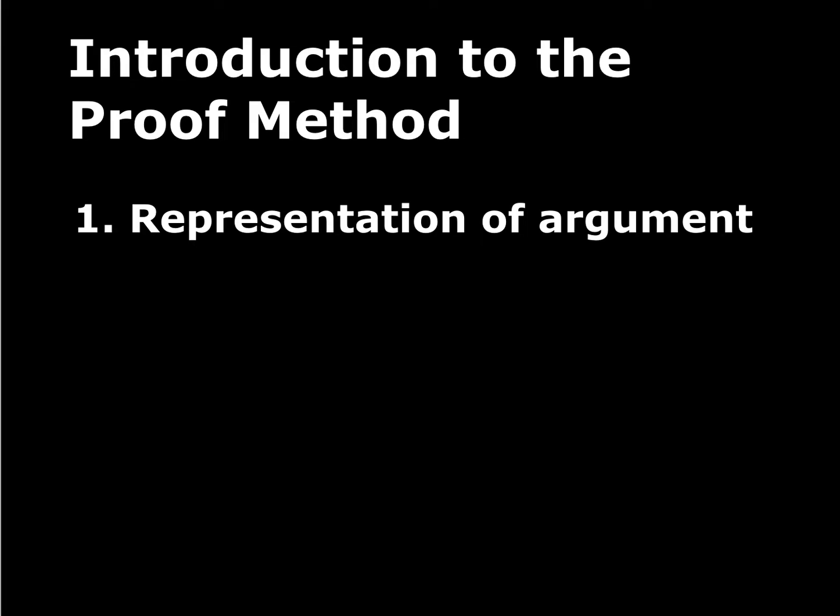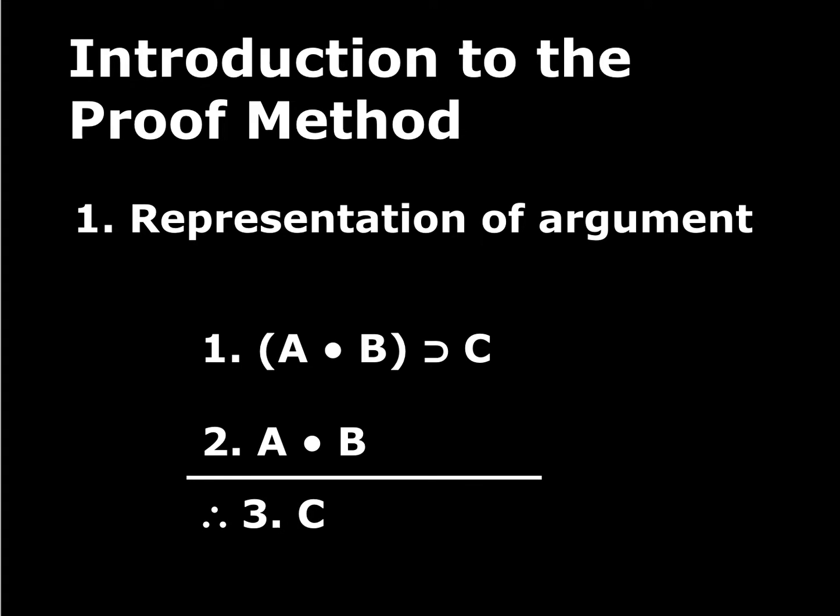First thing we're going to do is represent arguments slightly differently from how we've been representing them so far. So far, we have premises and a conclusion that are all numbered. Premises are above the line, conclusion is below a line, and then there's a little triple dot here. We want to represent an argument slightly differently because we want to clear up space underneath the premises.